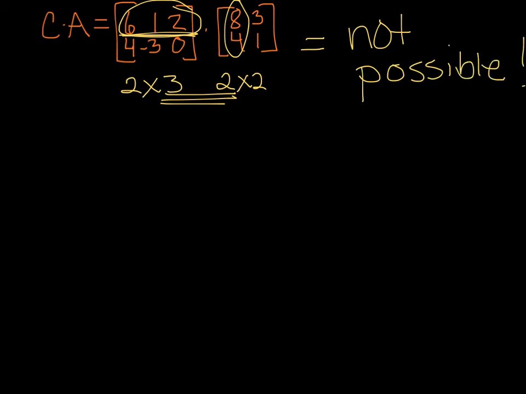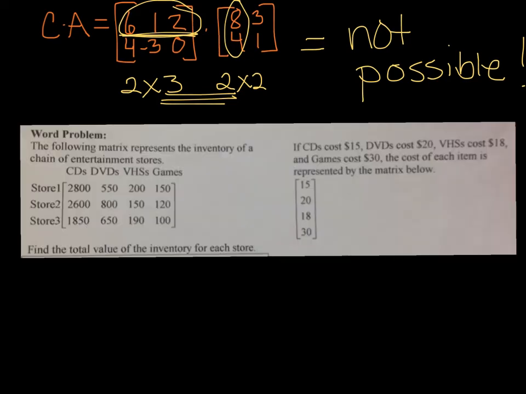Yay! All right, the last one I'm going to do is a word problem because I know you can't live without word problems. This says the following matrix represents the inventory of a chain of entertainment stores. So it's like making a spreadsheet or a table. We've got store 1, store 2, and store 3 for our rows.